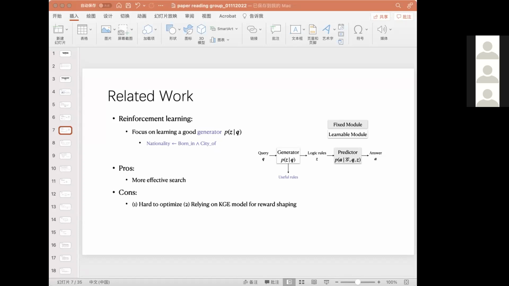Because it learns a strong generator, it can search more efficiently than the previous method. However, training a good pathfinding agent is a challenging task because the reward signals are usually sparse in knowledge graphs, so this kind of method usually suffers from training difficulties for the pathfinding agent.